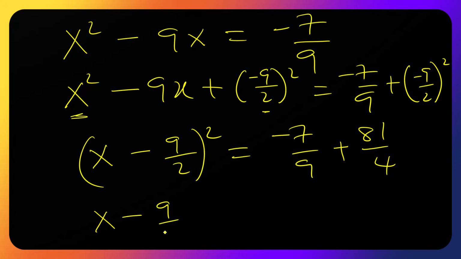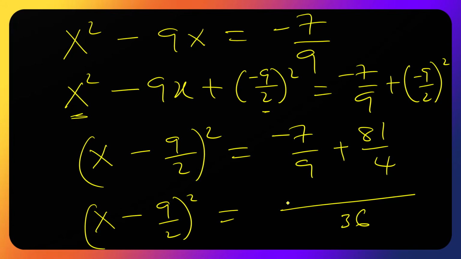x minus 9 on 2, all squared. So we have 9 here, 9 on 4, 36. 9 here, 4 minus 28. So 9 times 81, that will be 729.